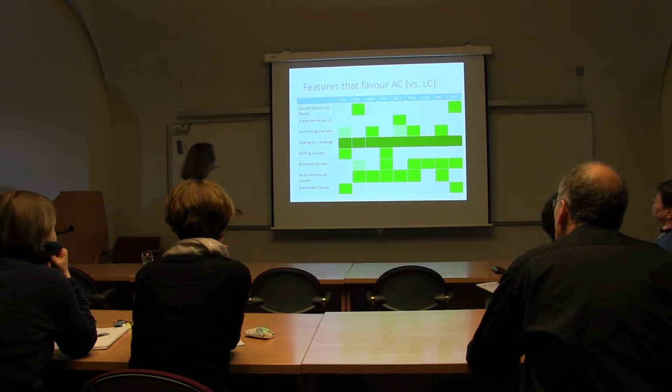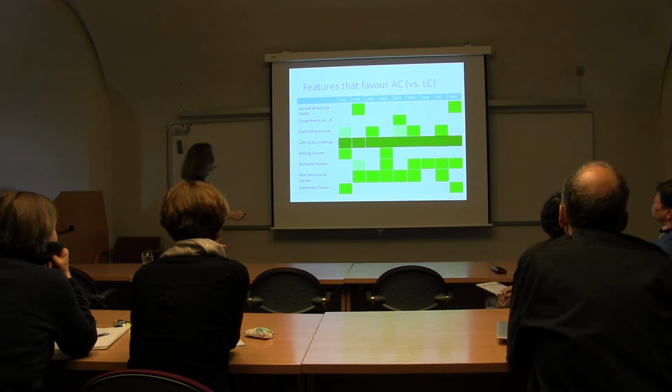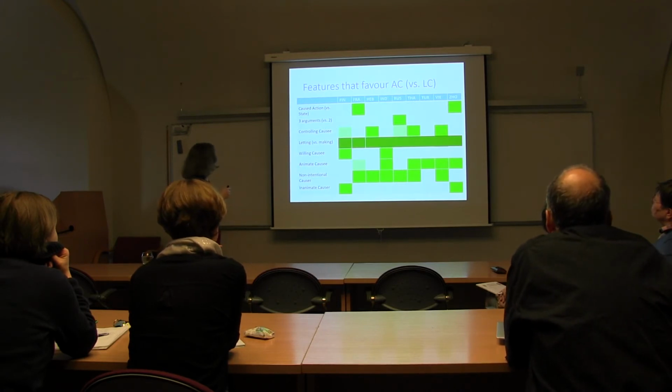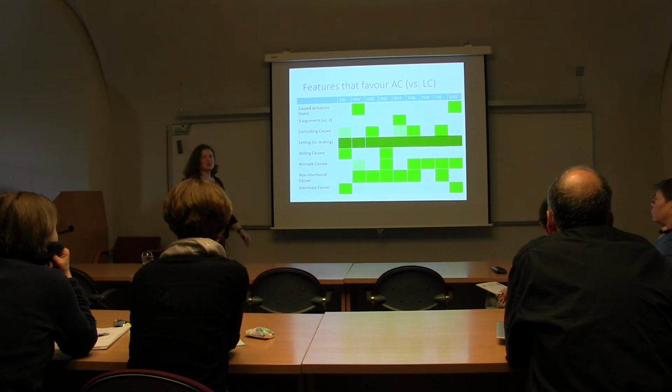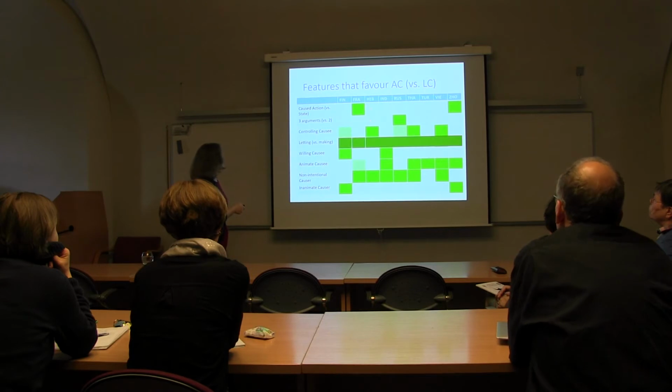These dark green cells mean that this variable, and this is letting versus making in all languages, appears at the top. So this is the most important variable everywhere. Letting versus making really makes a difference in all languages, and uniformly. Simple green means that this feature appears somewhere in the tree.